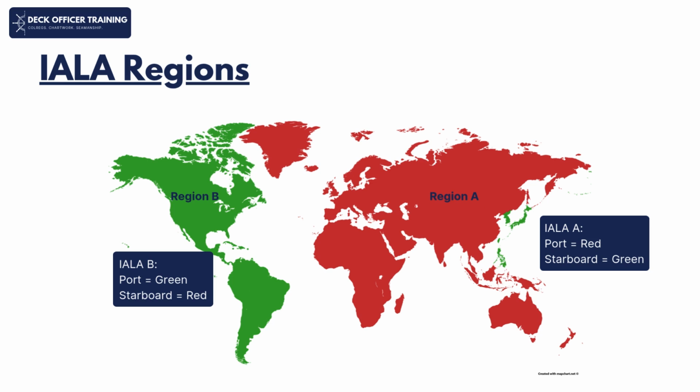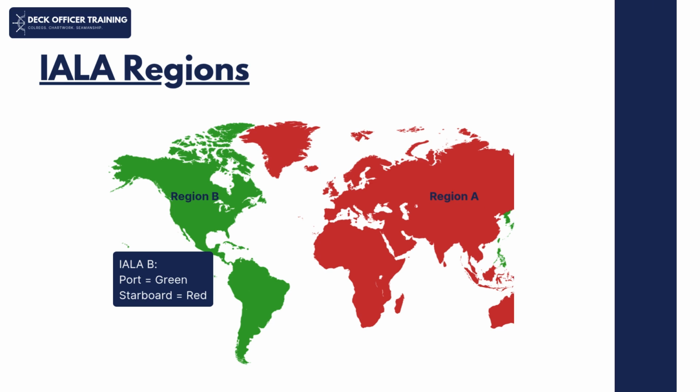Region B comprises of North, South, and Central America, Japan, Korea, and the Philippines. In Region A, the color red of the lateral system is used to mark the port side of channels, and the color green for the starboard side. In Region B, the colors are reversed. Regional variations do not pertain to cardinal, isolated danger markings, safe water marks, or special marks.